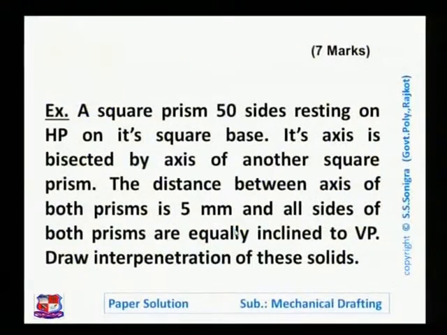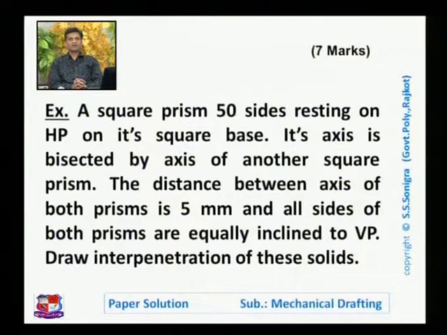Now we take some more examples about the square prism. The data is given like this. A square prism, 50 mm sides, resting on HP on its square base. Here a square prism is given, which is having a square base.